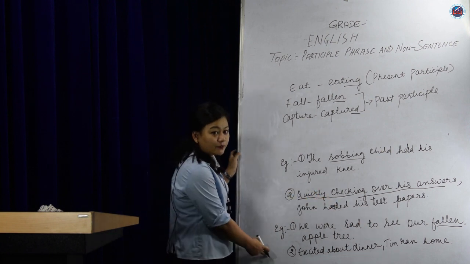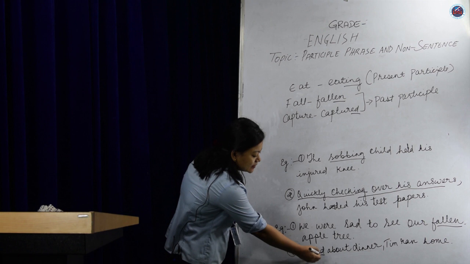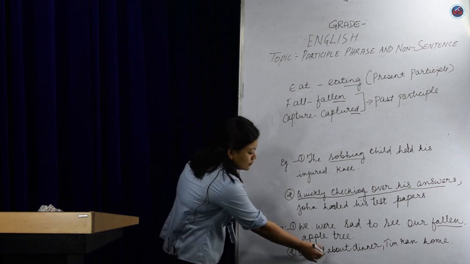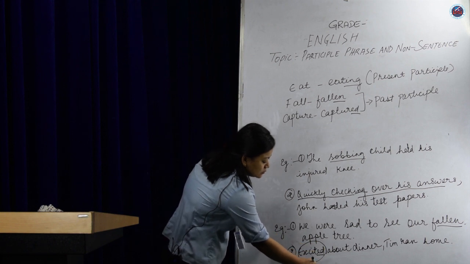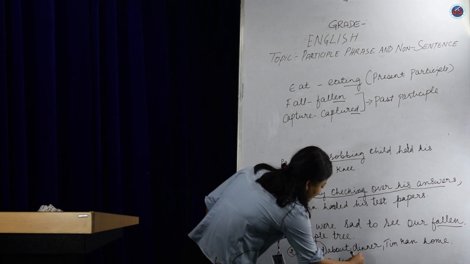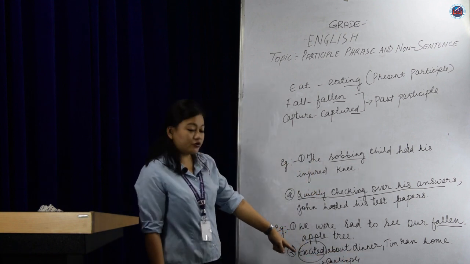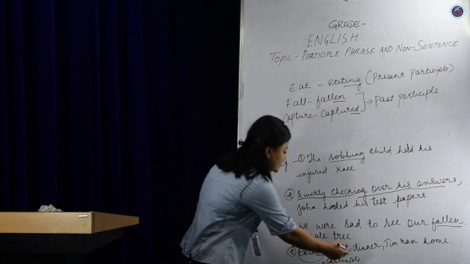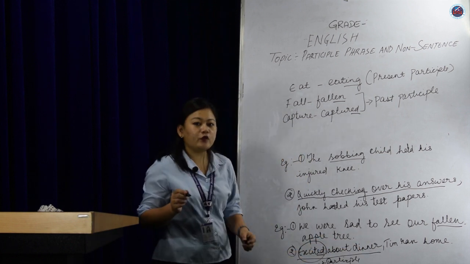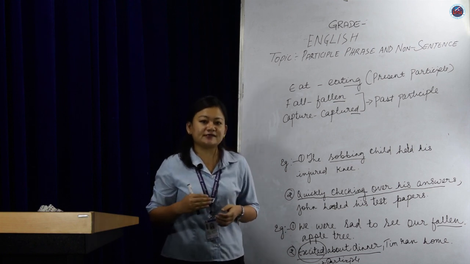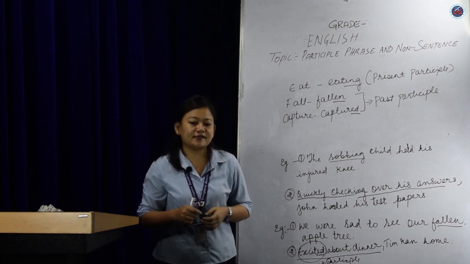In the second example, you can see that excited has ed at the end of the word, so it is a past participle. And if you look at the phrase, excited about dinner is the phrase. Now, an important note: remember that participle phrases are always set aside by commas in a sentence.